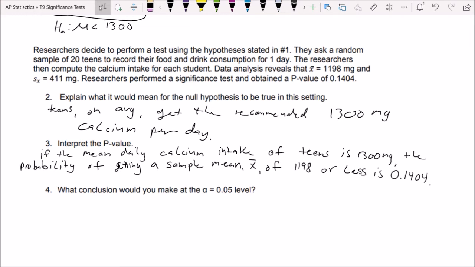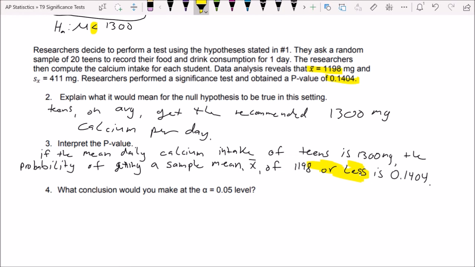Now that says or less. I do want you to notice the alternative hypothesis has the or less, and that's why this p-value is also referring to or less. Okay. Also, I want you to notice that I referenced the actual sample mean that we had, and I referenced the p-value in this interpretation. Those are things you need to do.